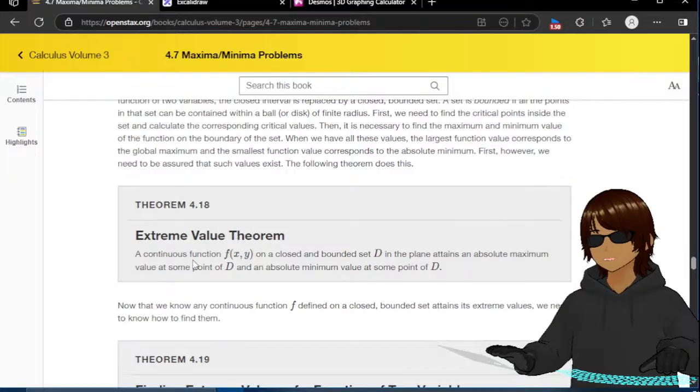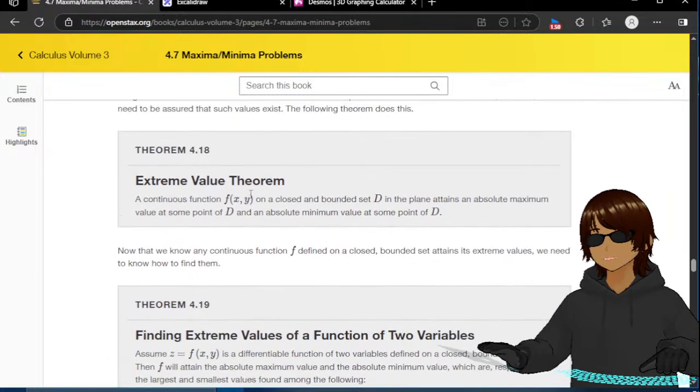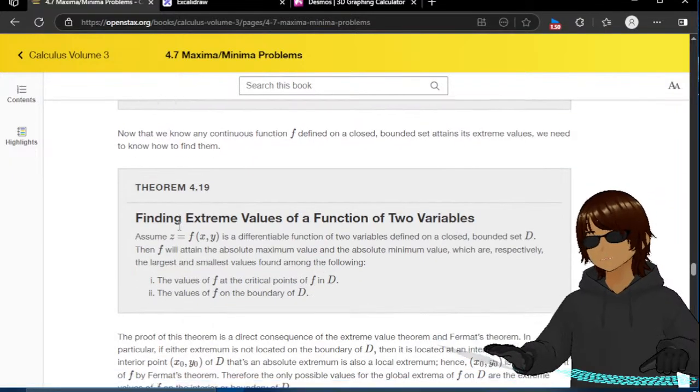Extreme value theorem. A continuous function on a closed bounded set T in the plane attains an absolute maximum value at some point of T and an absolute minimum value at some point of T. Okay. Given that the function is continuous, right?